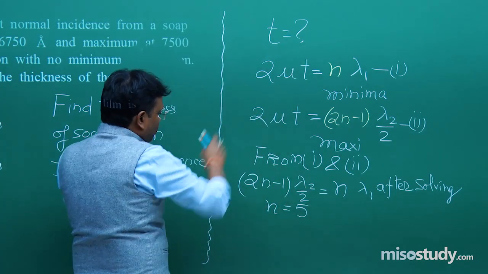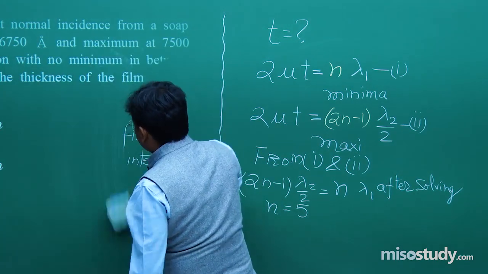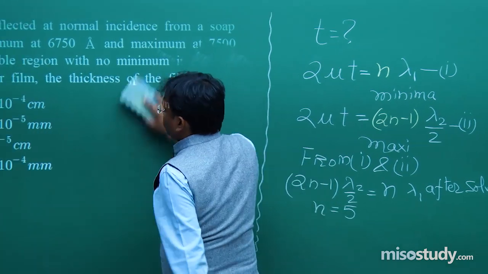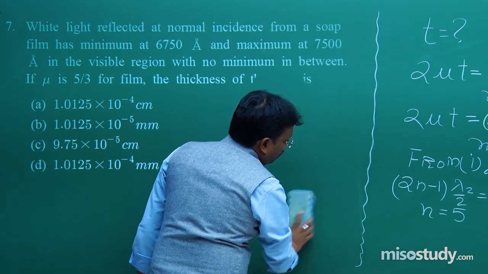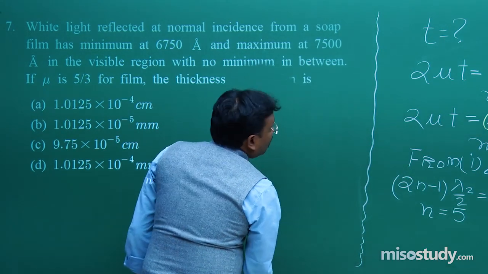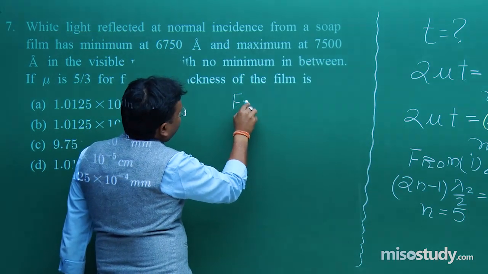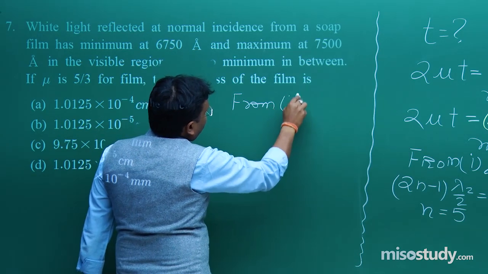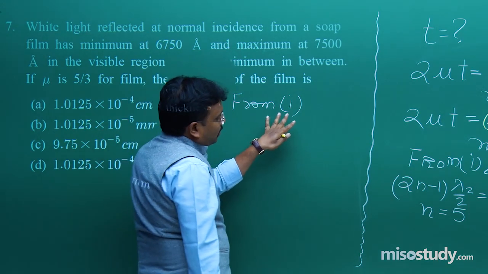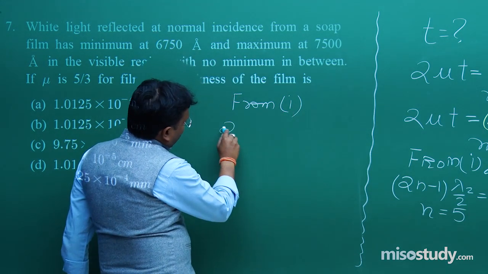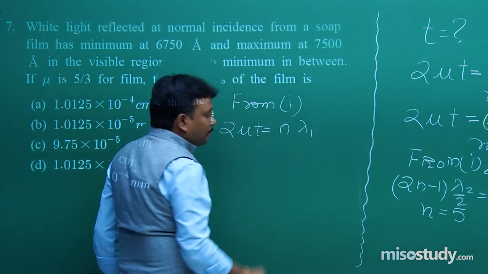Let me erase this portion, and I want to use this formula just below the question. From equation 1, 2 mu t is equal to n lambda 1.